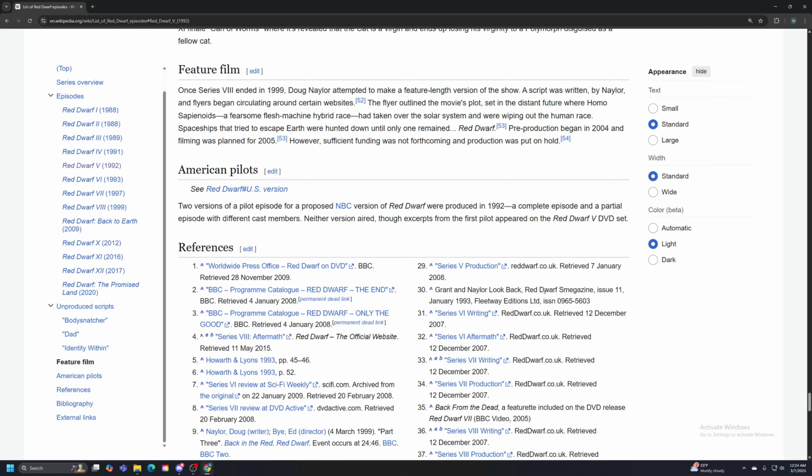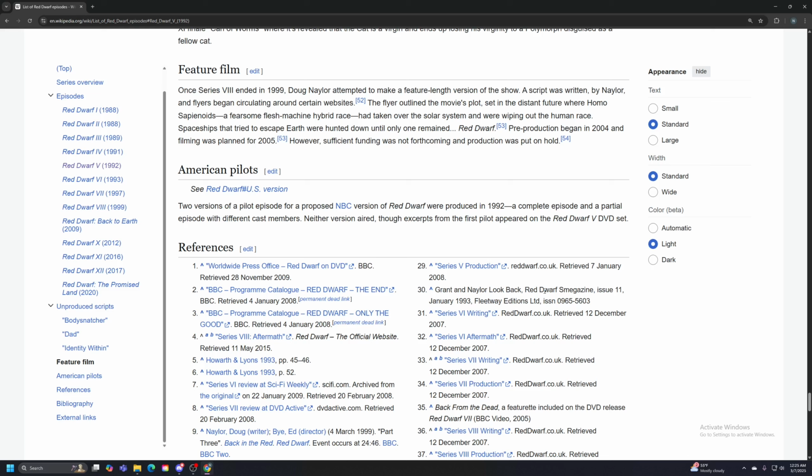The flyer outlined the movie's plot, set in the distant future where the Homo sapienoids, a fearsome flesh-machine hybrid race, had taken over the solar system and were wiping out the human race. Spaceships that tried to escape Earth were hunted down until only one remained, Red Dwarf. Pre-production began in 2004 and filming was planned for 2005. However, sufficient funding was not forthcoming and production was put on hold.